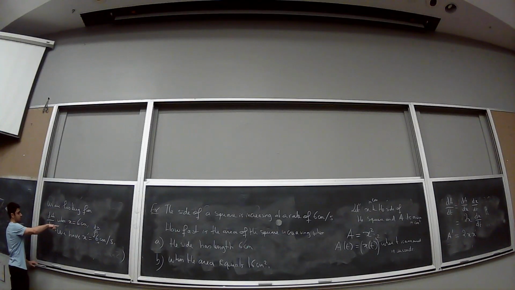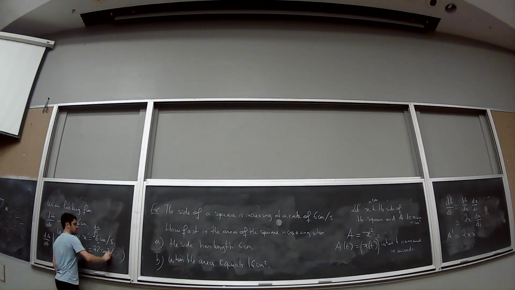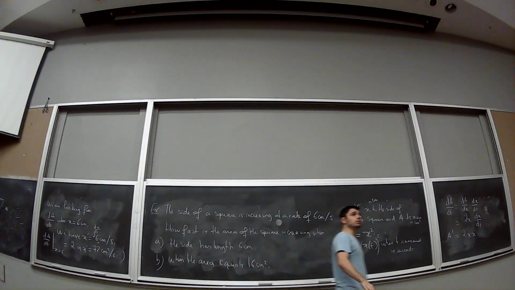So when x is equal to 6, dA by dt, I mean it's a notation, is just 2x x prime, which is 72 centimeters squared per second. Okay? Are we good here? Is that clear or not? Yeah, we're going to be doing a lot of these later on.